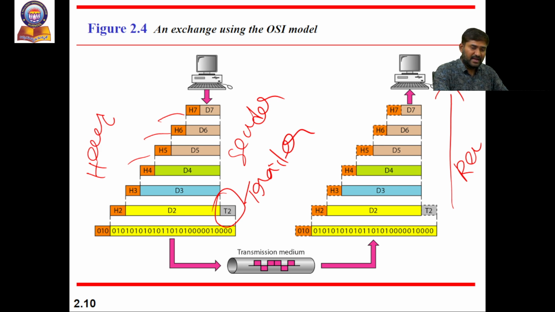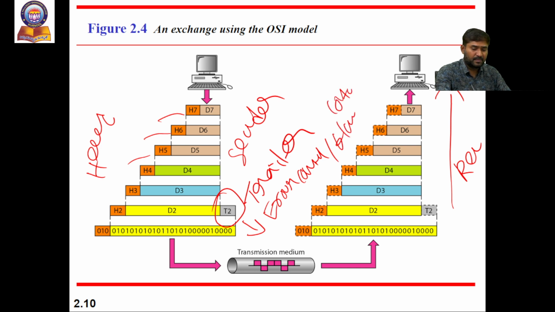And the data link layer adds a header and a trailer. The trailer consists of information related to error control and flow control. And this part is over.